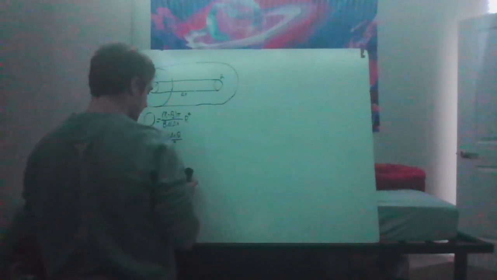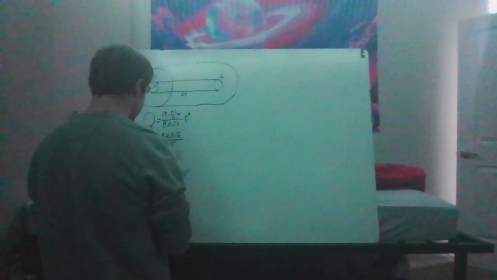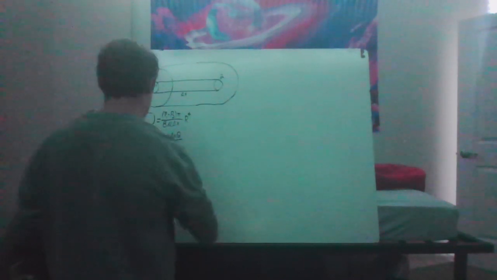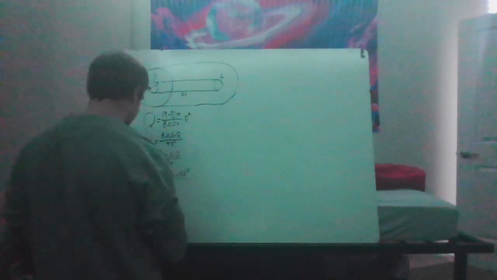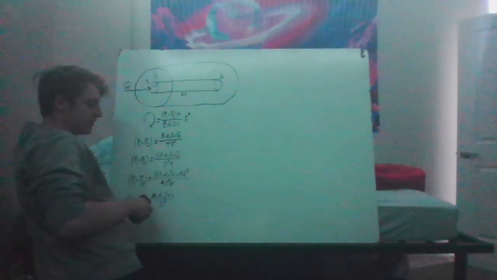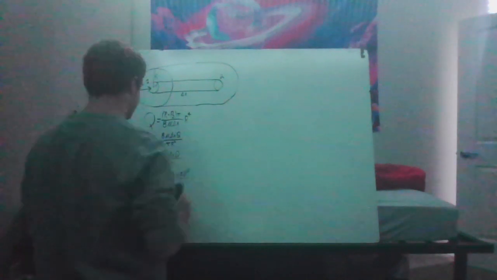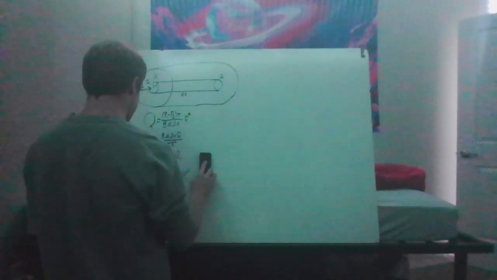So I did make a little mistake here. Since we use d here, it needs to be over 4. So there will actually be a 4 right here. And then that'll cancel with the 128 and make this 32. So this will actually be our equation for P1 minus P2: 32 viscosity delta x v over d squared.